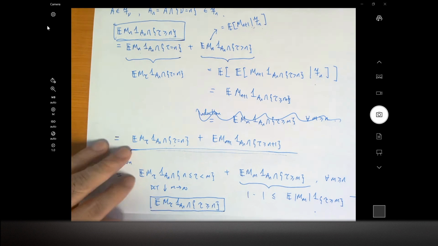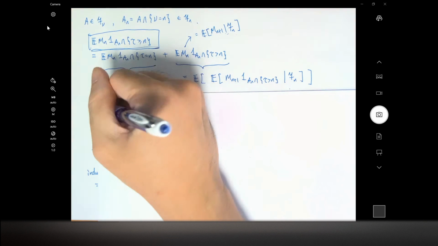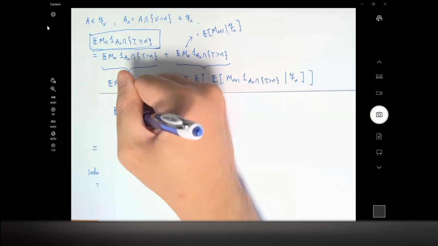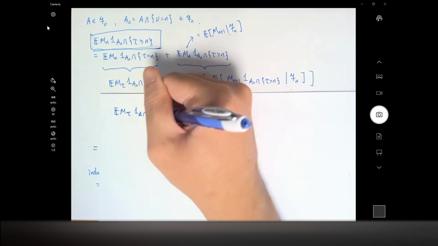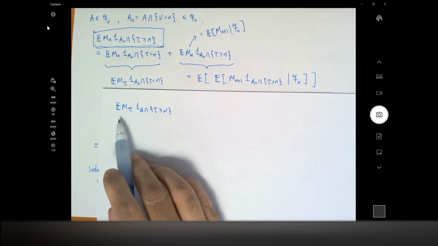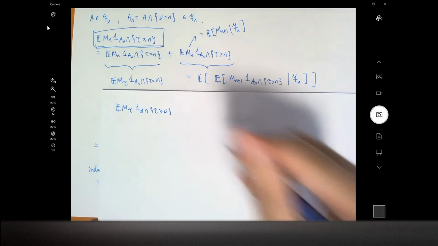So what's the use of this? Finally, we can make use of this result. We want to prove that this expectation of M_tau on A intersected with this event is the same as the expectation with M_nu instead of M_tau.